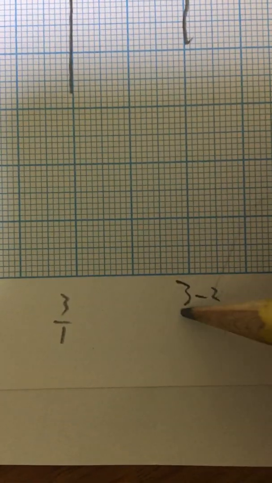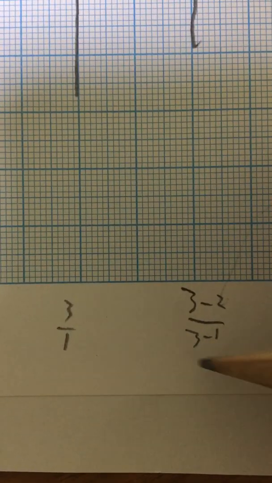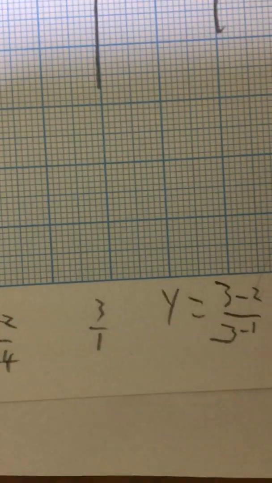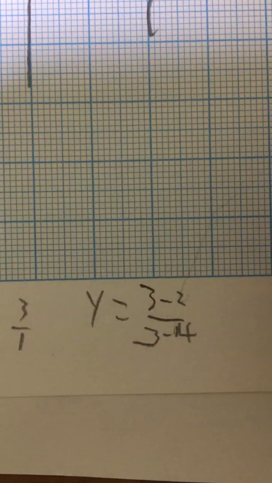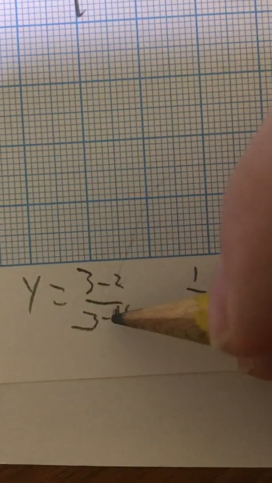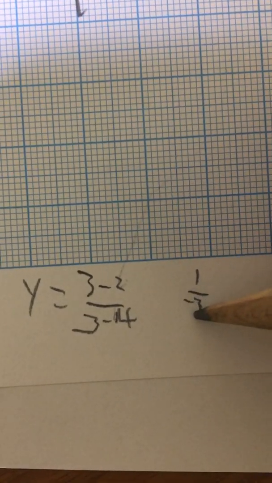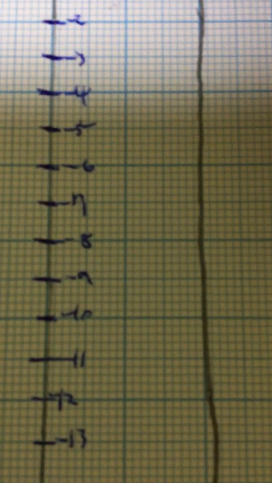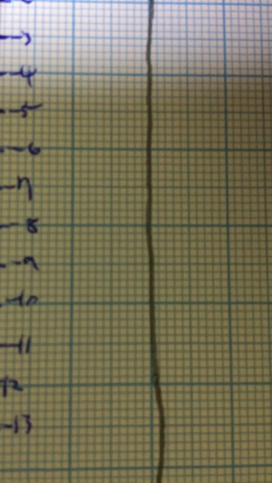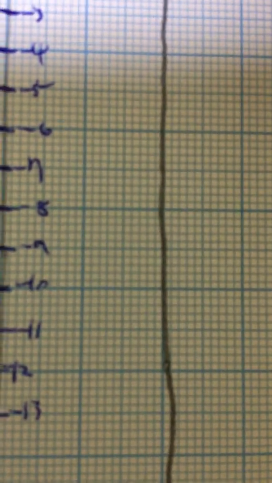Let's do one more: 3. So 3 minus 2 over 3 minus 4, which is 1 over -1, so that will be -1. So you go 1 unit down for this one.